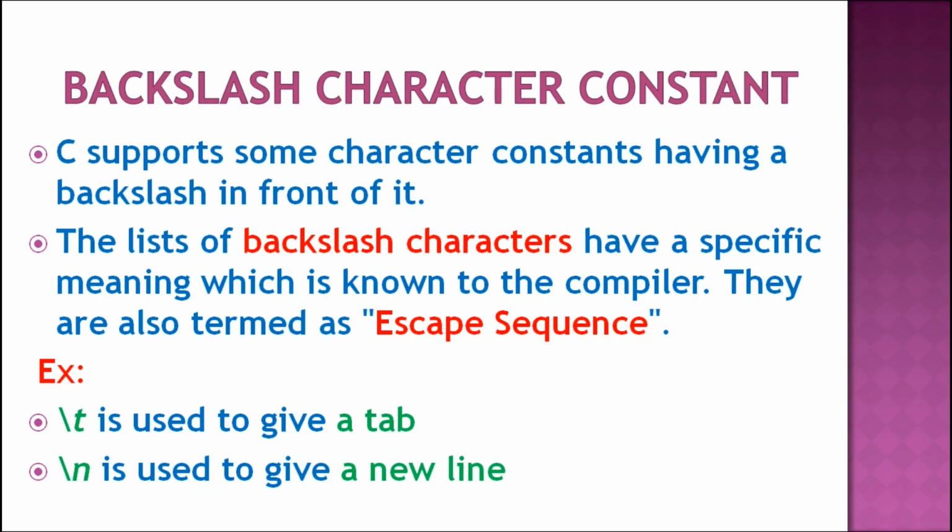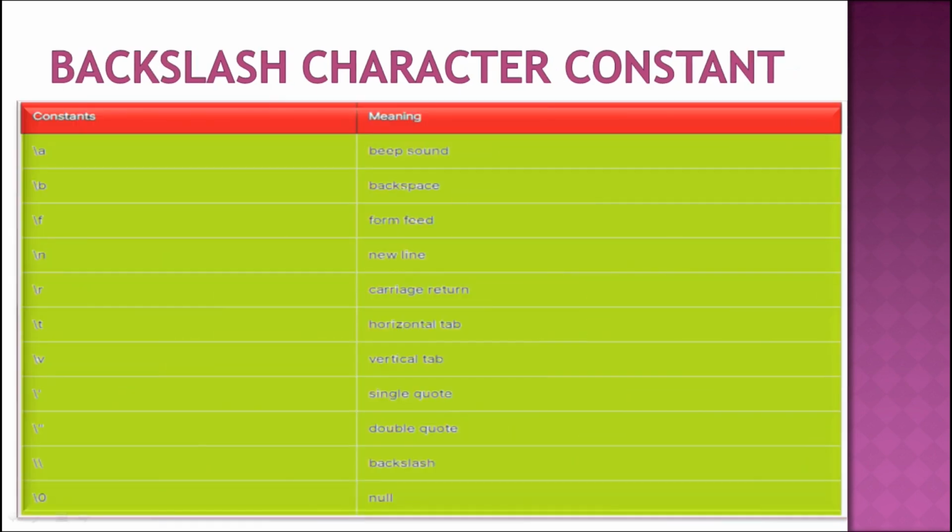They are also termed escape sequences. \t is used to give a tab and \n is used to give a new line. \b is a backspace, \n is a new line, \t is a horizontal tab, and \v is a vertical tab. In this way we can use the backslash character constants. Let us jump into our lab.